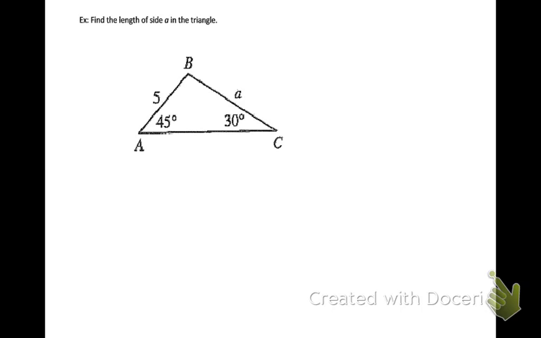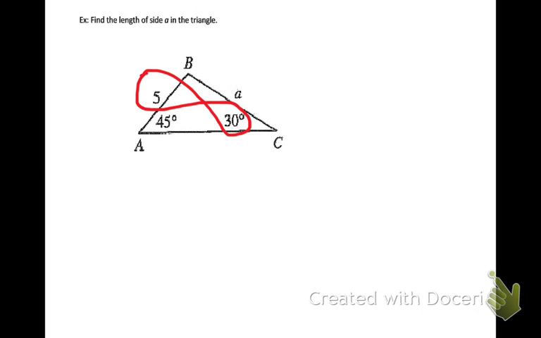You're only using this for non-right triangles. By a figure eight relationship I mean I have a known side across from a known angle, like that. You make a figure eight, right? If I have that situation, a known side across from a known angle, I can use law of sines.